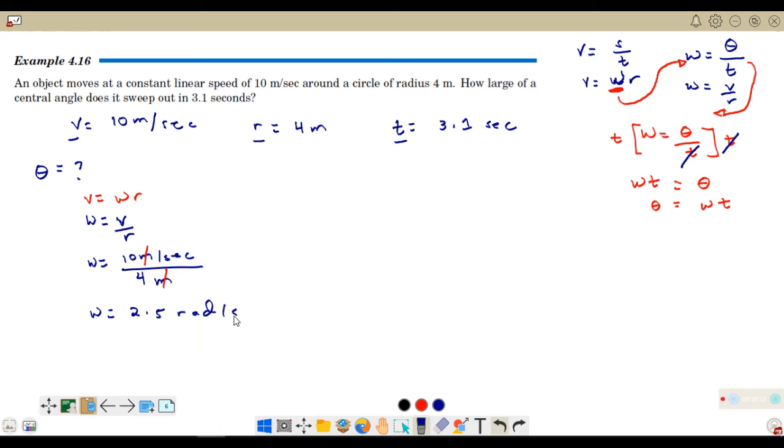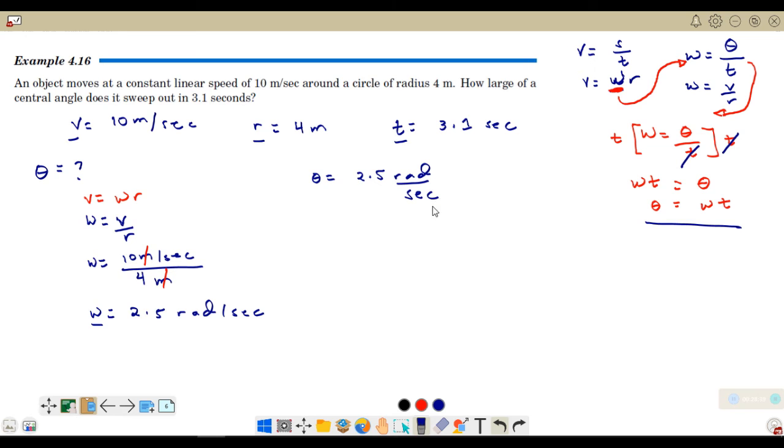radians per second. So, bakit may radians na naman? Don't forget that the angular speed is in the unit radians per second. Okay? So, now that we know the value of omega, let's use this other formula here. Theta is equal to omega times t. So, we have here 2.5 radians per second.